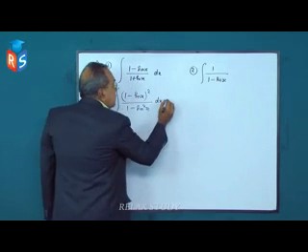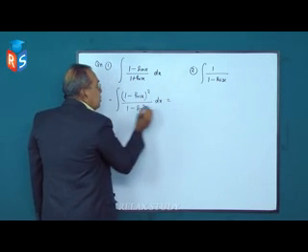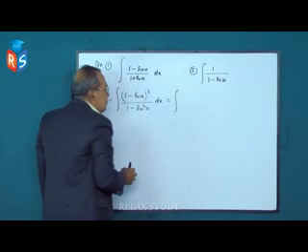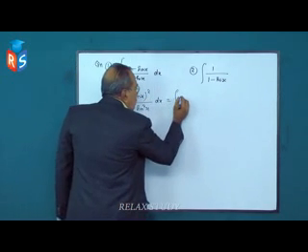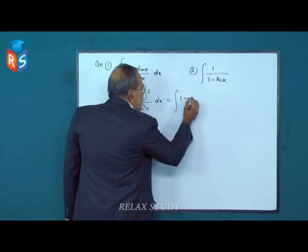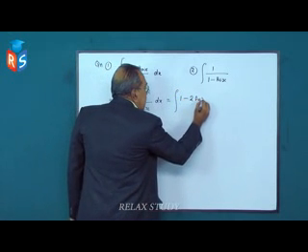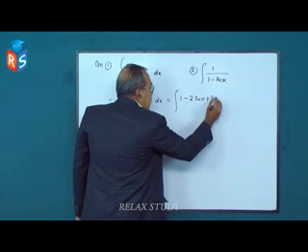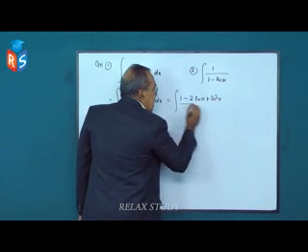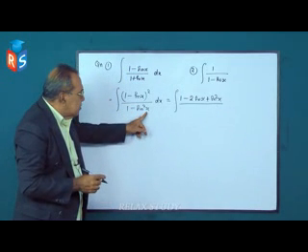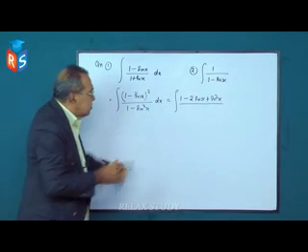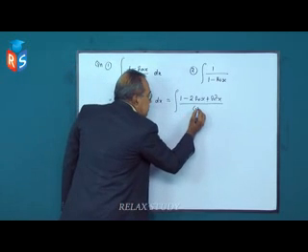Integral of 1 minus sin x the whole square is 1 minus 2 sin x plus sin squared x, divided by 1 minus sin squared x, which is equal to cos squared x.